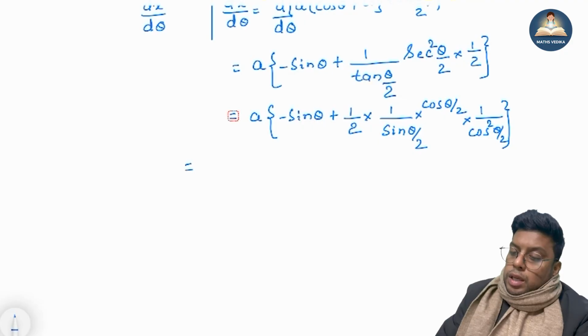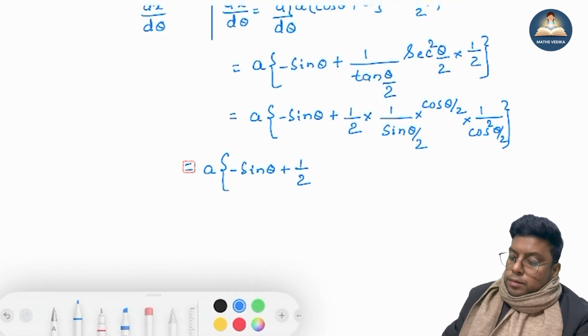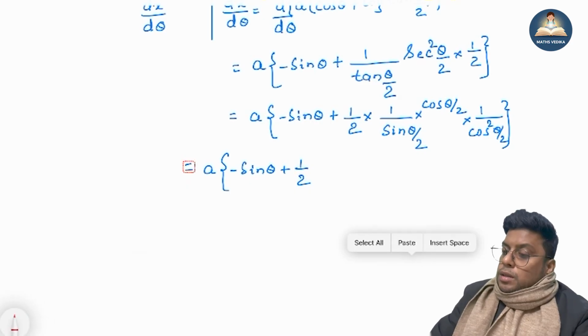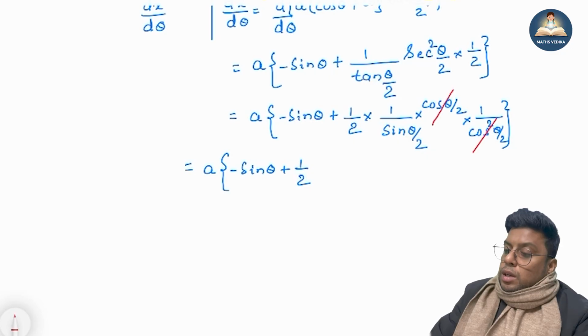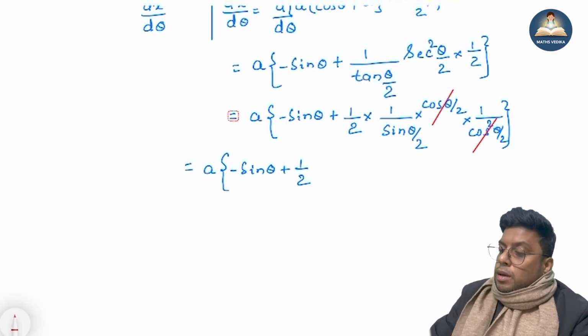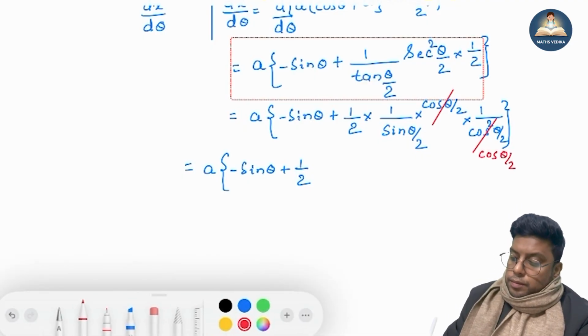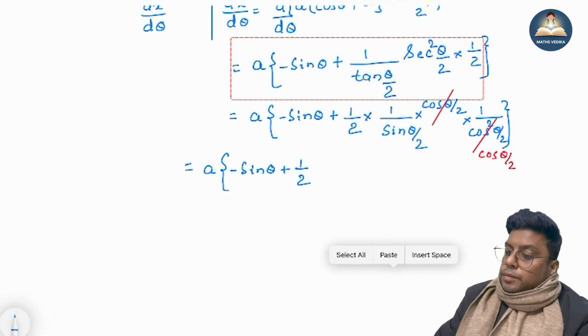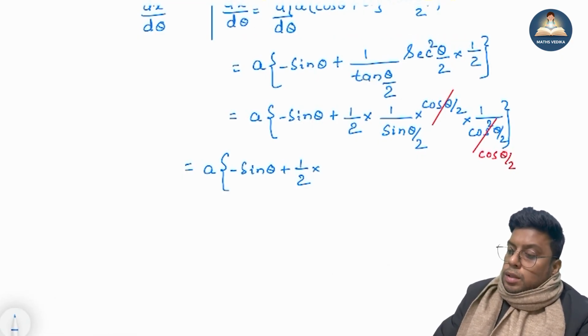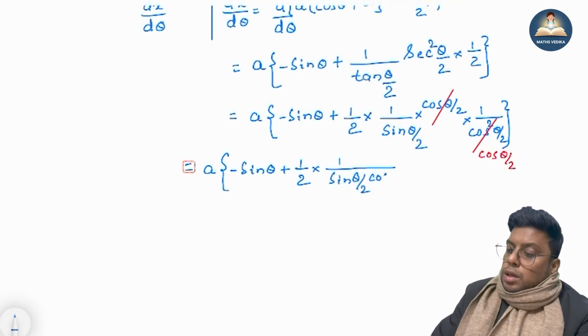Now this cos square theta by 2 will be cancelled out by cos theta by 2 in the numerator, and we're left with half into 1 by sin theta by 2 into cos theta by 2.